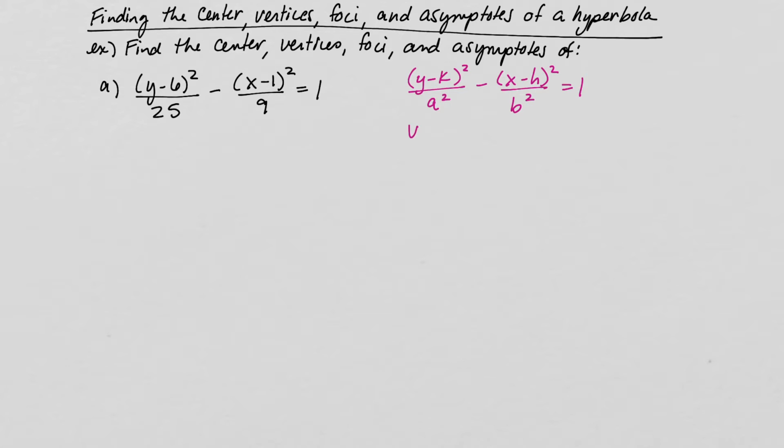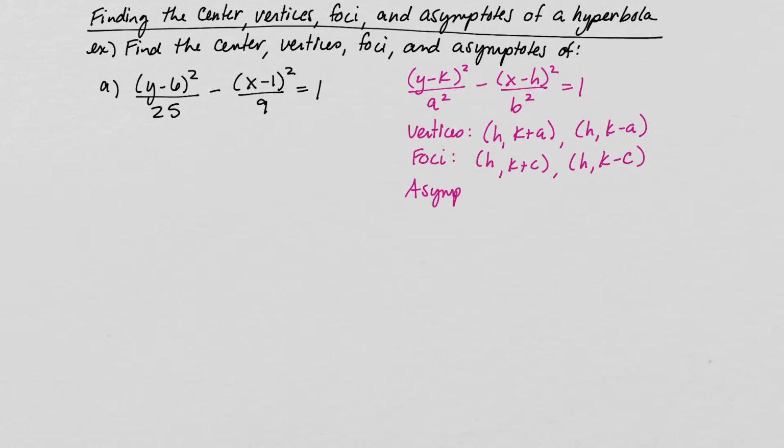And then I tell you that the vertices are (h, k plus a) and (h, k minus a). The foci are (h, k plus c) and (h, k minus c), and the asymptotes are y minus k equals plus or minus a over b times (x minus h).